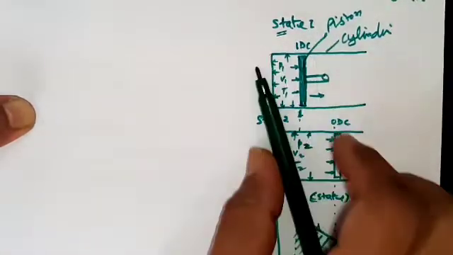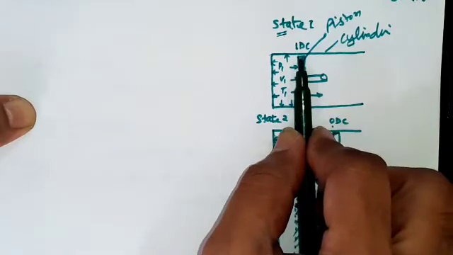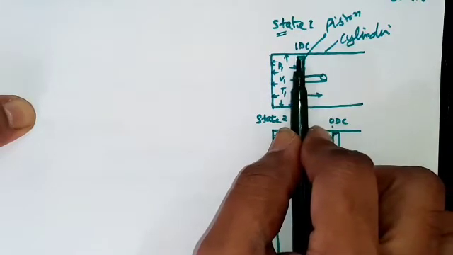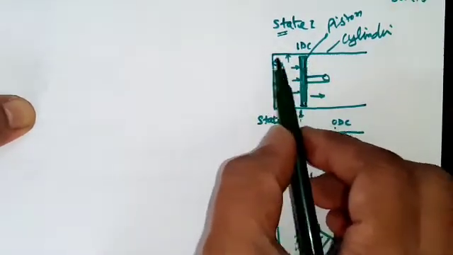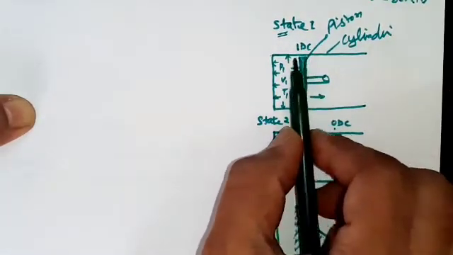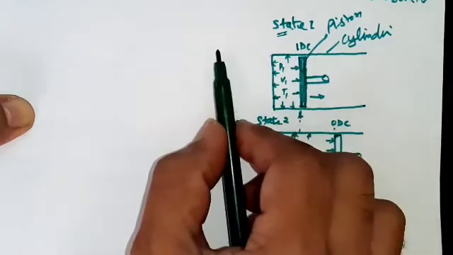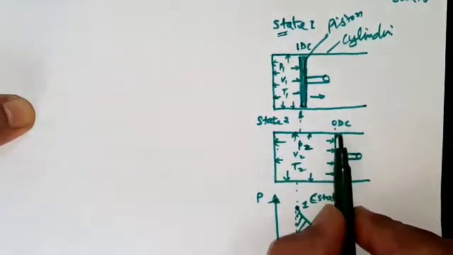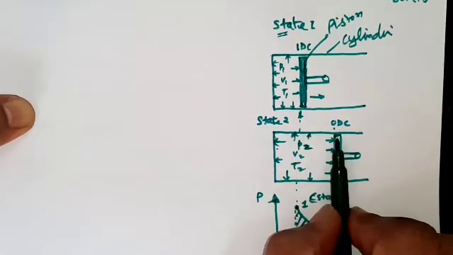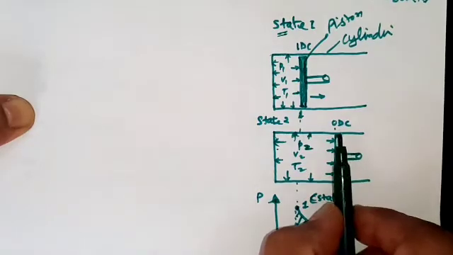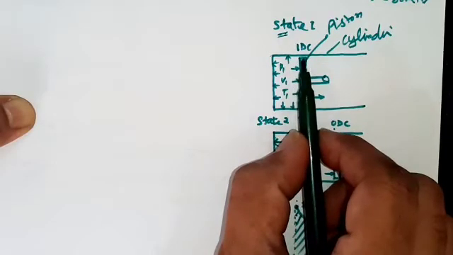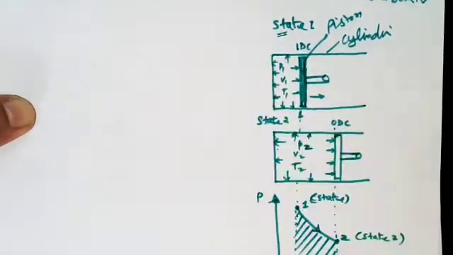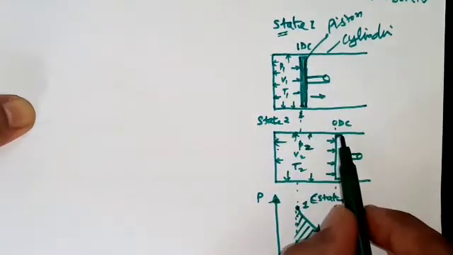So this piston cannot move from this IDC in the left direction, because it is the last position of this piston to move in the left direction. Similarly, it is the dead position of the piston to move in the right direction. So this piston cannot move in the right direction after this ODC, and this cannot move in the left direction after IDC. So this is inner dead center and this is outer dead center.